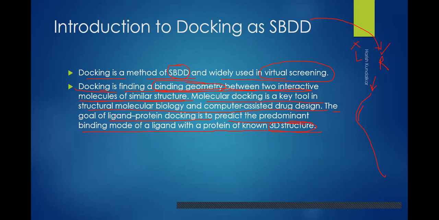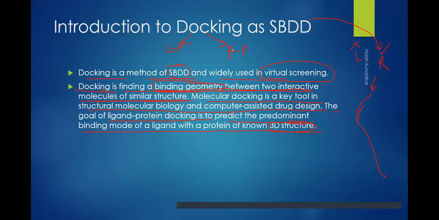So what are we trying to do? We are trying to find a binding geometry. And we have talked about two methods of docking, right? One was ligand protein docking, and the other was protein protein docking. In ligand protein docking, we are talking about small organic molecules which will bind to the proteinaceous receptor.